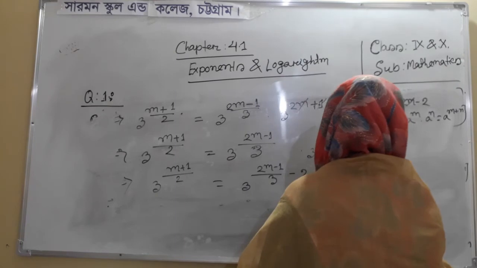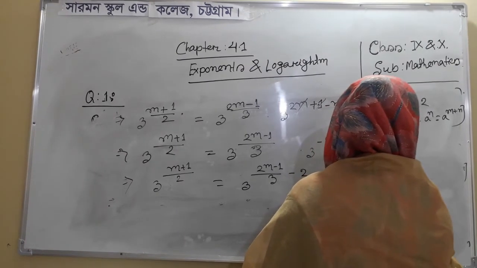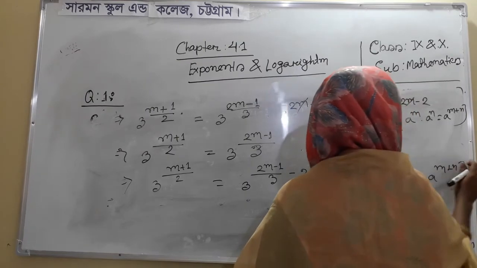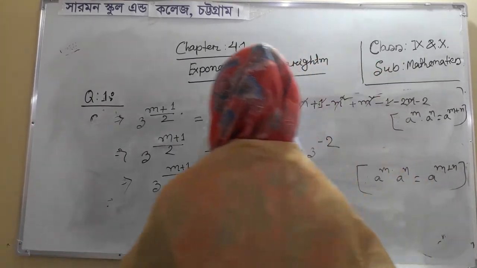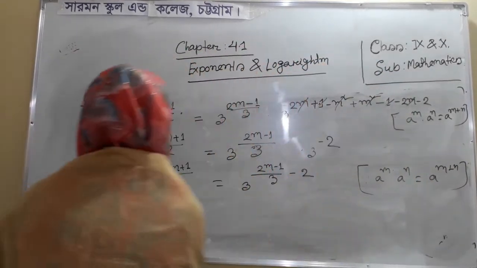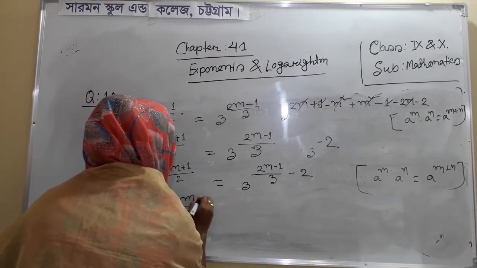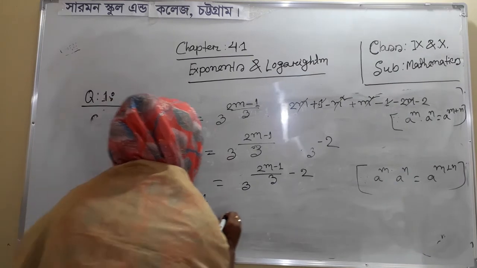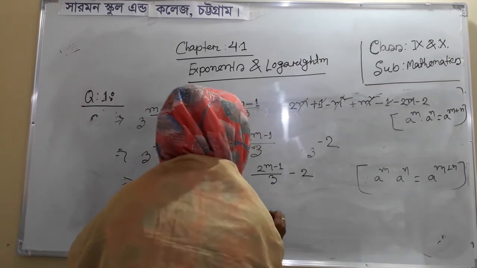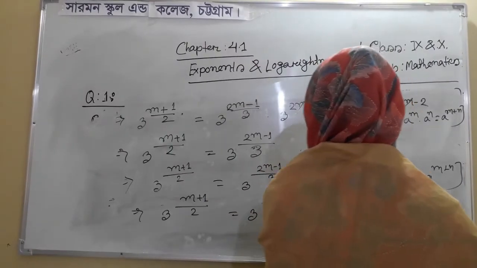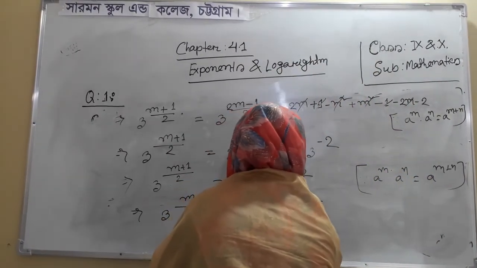Since a to the power m into a to the power n equals a to the power m plus n. Now here we take LCM.